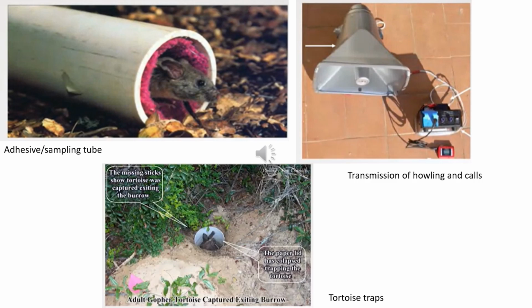For tortoise, we can use traps. For birds of prey, for instance, we can recognize the pellets and the bones that are inside these pellets. Now, these are all indirect methods that are very useful to identify species that are not easy to spot directly.